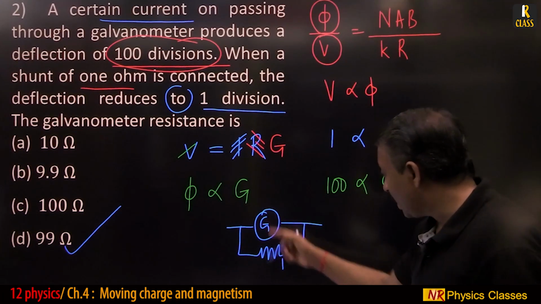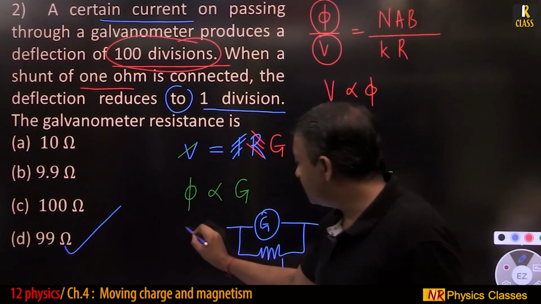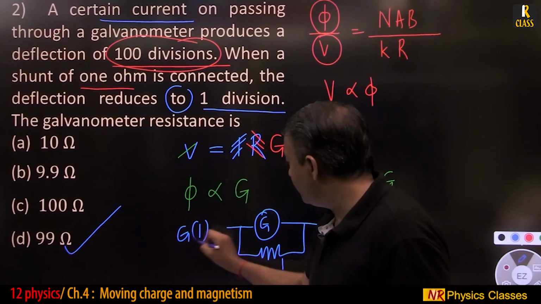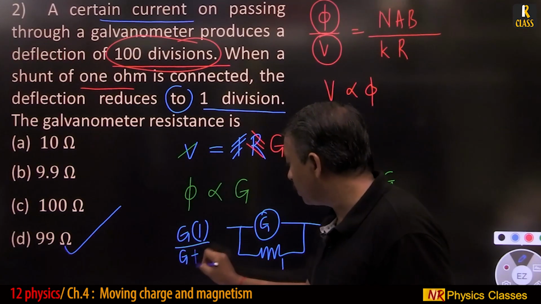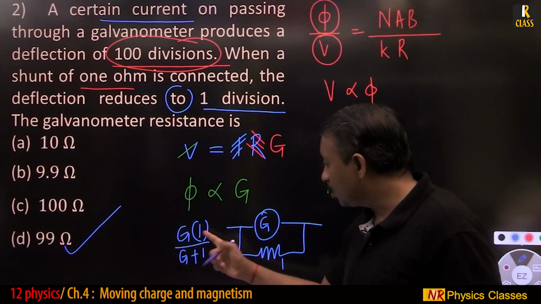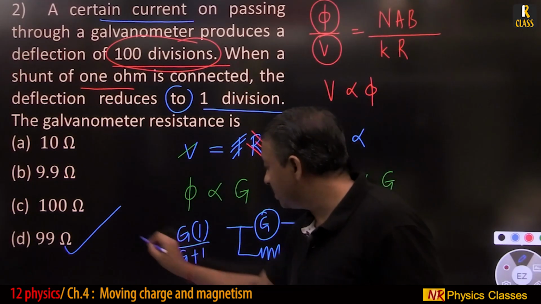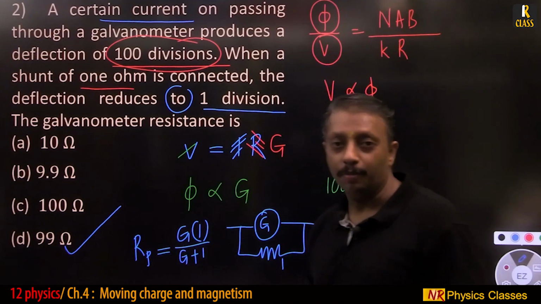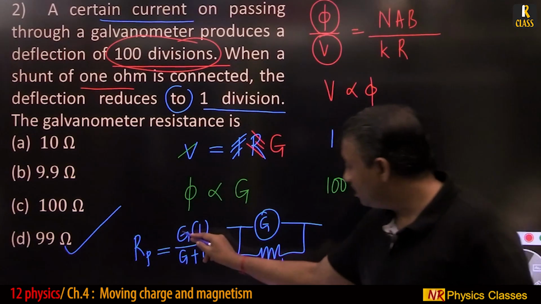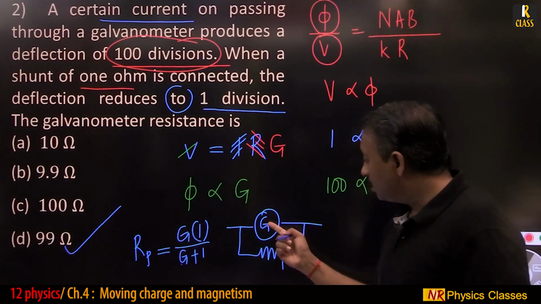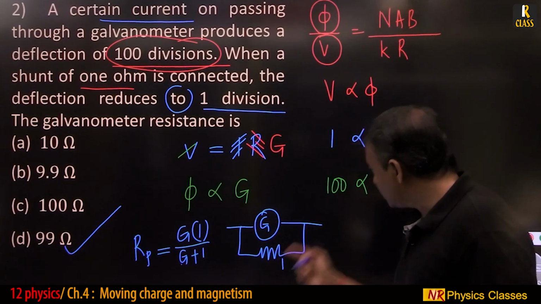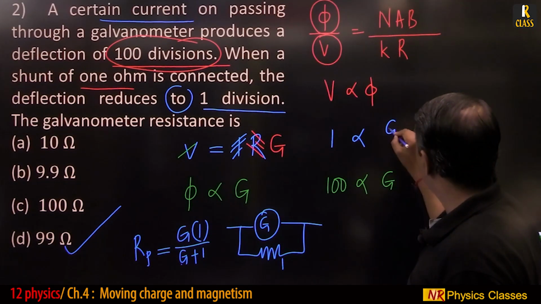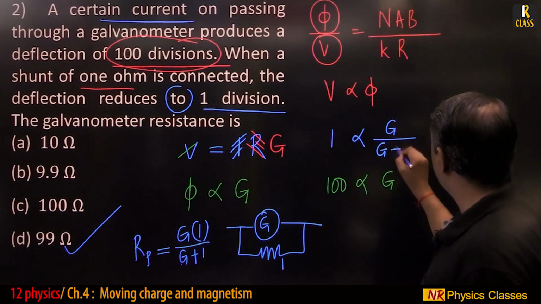See, these two are in parallel. Equivalent resistance of resistors in parallel is R1 R2 by R1 plus R2. So G by G plus 1, G into 1 by G plus 1.